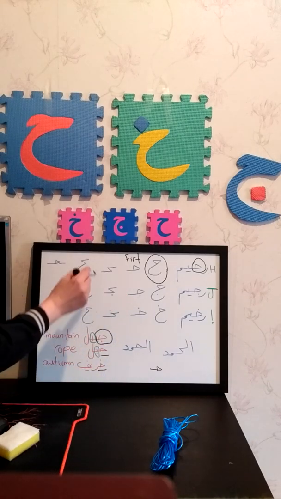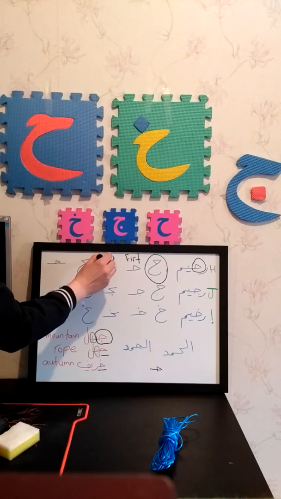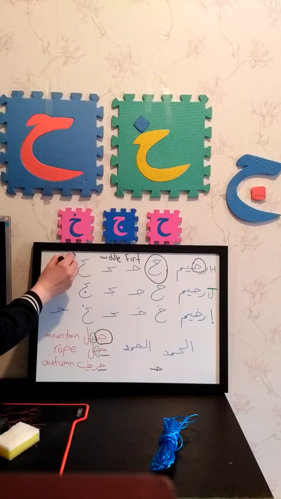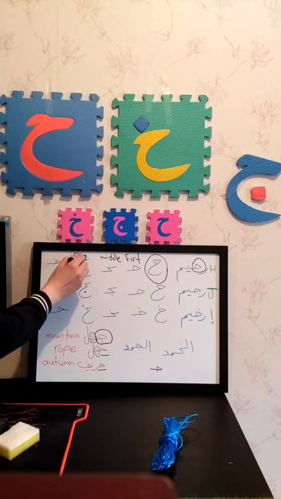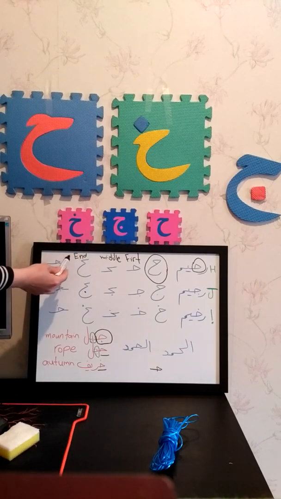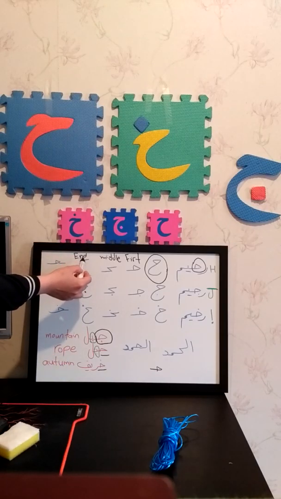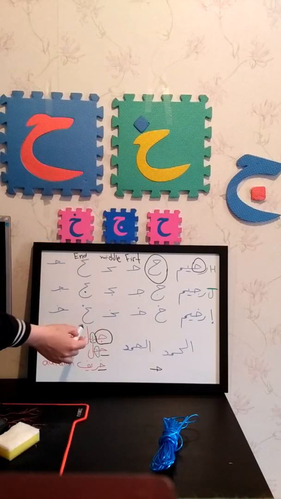This is ha, and this is in the middle of the word. And this is at the end. If you want to finish a word with ha, jim or kha, you must write it in this shape.